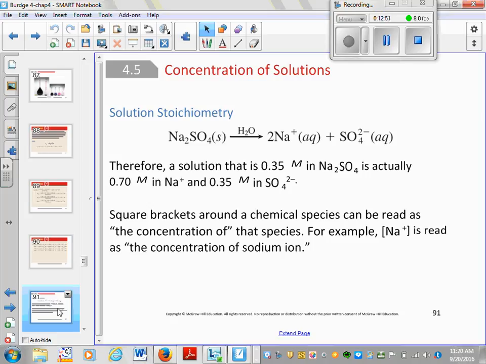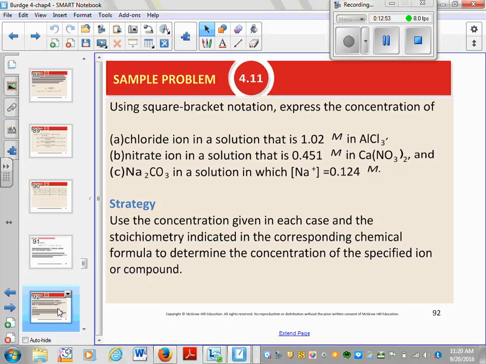So if I look at AlCl3, and it's 1.02 molar, what would be the concentration of the chloride ion in AlCl3? Well, what's AlCl3 going to break up into? It's going to break up into ions.